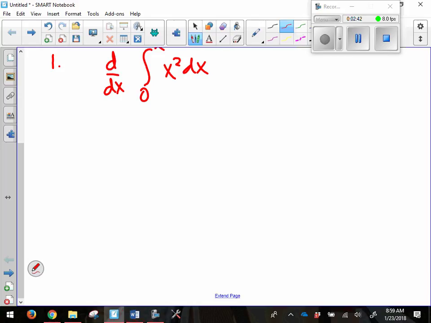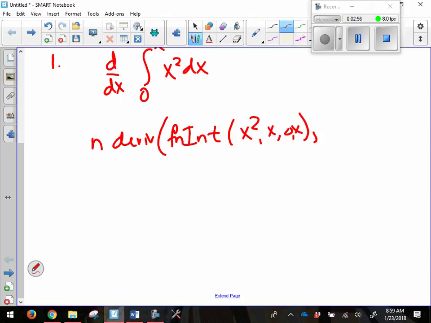So it's nDeriv of fnInt of x squared, x, 0, comma x, comma x, because I want to take it with respect to x.